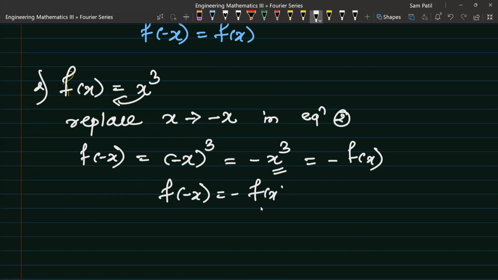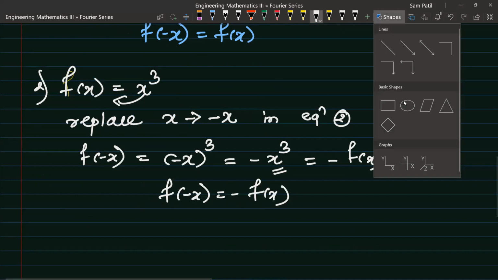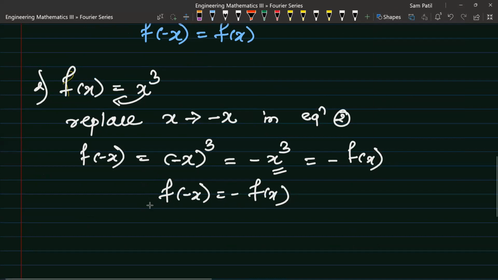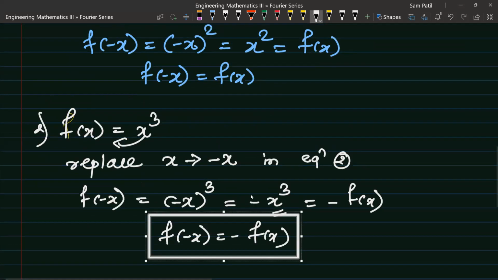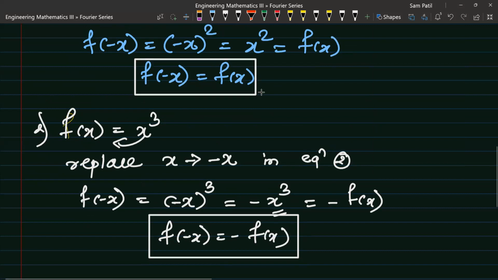f(−x) is equal to −f(x). We have two concepts here. If you observe, f(−x) is equal to −f(x), and another that we saw previously, f(−x) is equal to +f(x). If we replace x by minus x and the function remains unchanged, then the function is even.